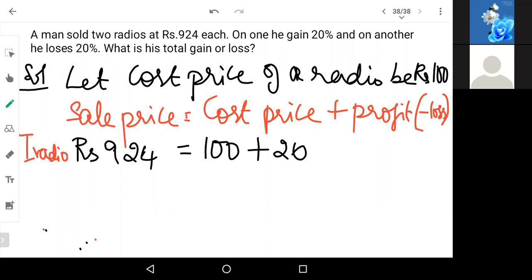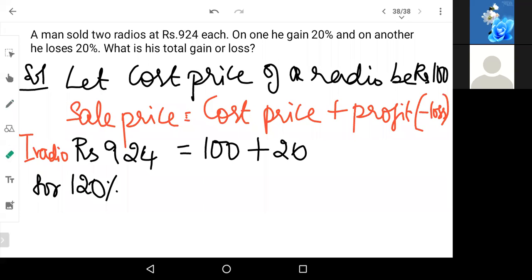Okay, now for 120, 100 plus 20, for 120, let's say it can be a percentage. At 120%, we'll take it like this.